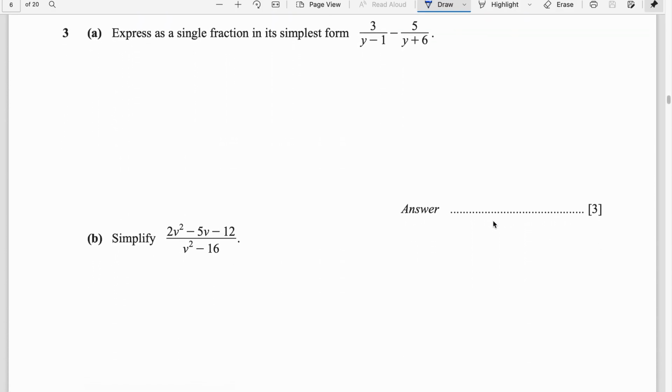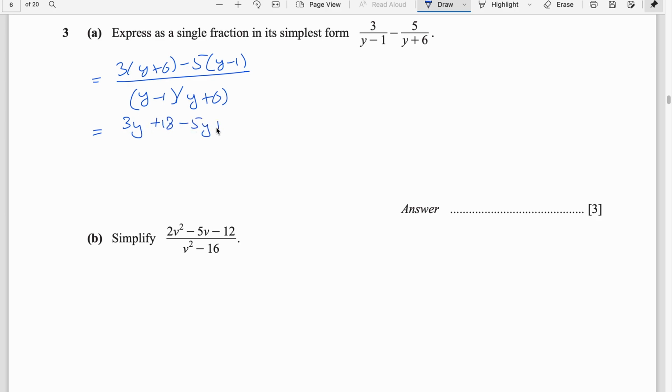Question number 3, express as a single fraction in its simplest form. So when we take the LCM it is (y minus 1)(y plus 6), cross multiply: 3(y plus 6) minus 5(y minus 1). You do not have to change the denominator. 3y plus 18 minus 5y plus 5 over (y minus 1)(y plus 6).